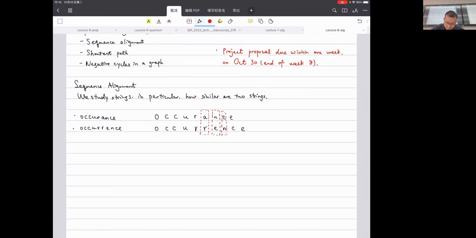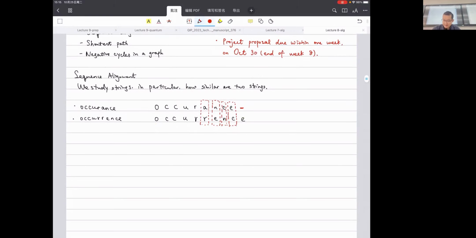At the end, we have a place where the first word already ends, but for the second word there is a letter here. Typically in this case, we just draw a brief line here.